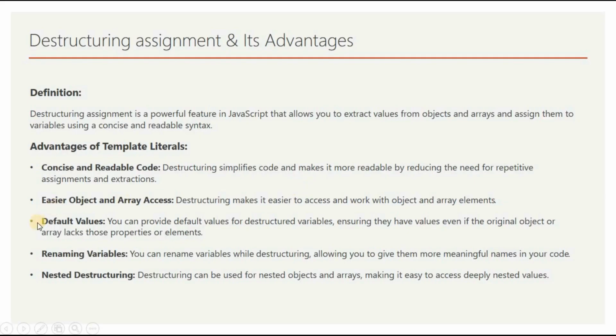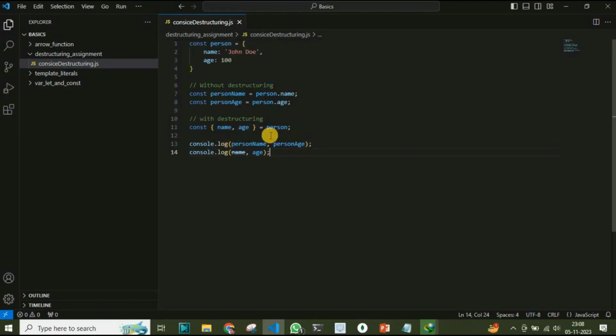Next advantage, we have easier object and array access. Destructuring makes it easier to access and work with object and array elements. So you have already seen how to access the name and age in an easier way in the case of the object person. So we'll see the easier way for an array.